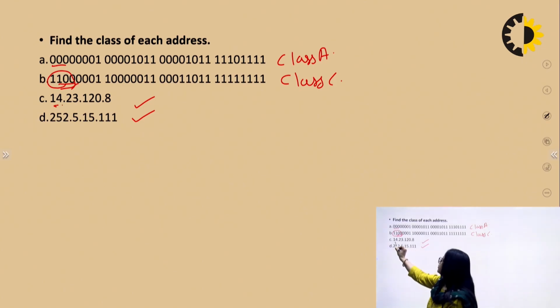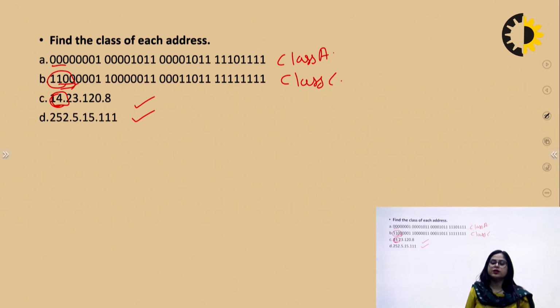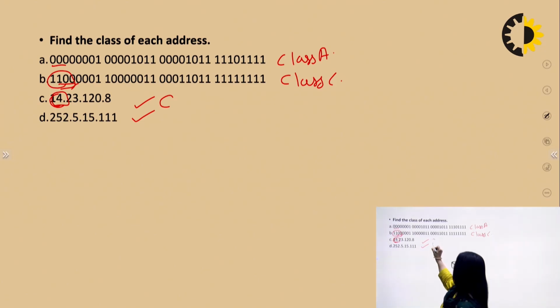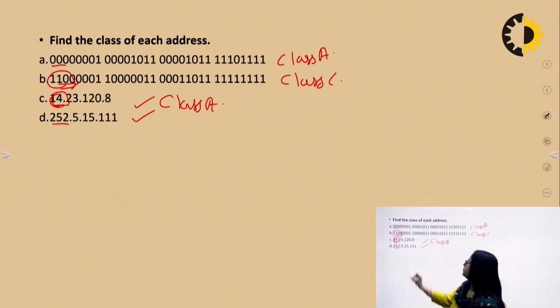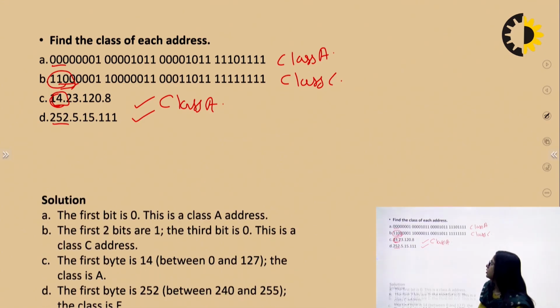The first octet, the first decimal number, is 14, and this 14 belongs to the range 0 to 127, which is the range of class A. Similarly, 252.5.15.111.